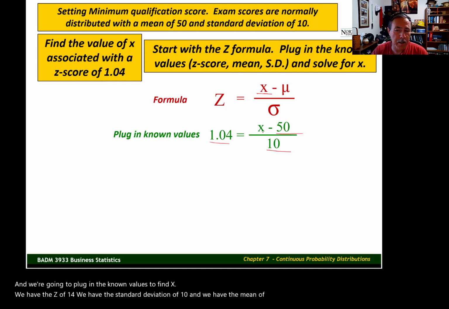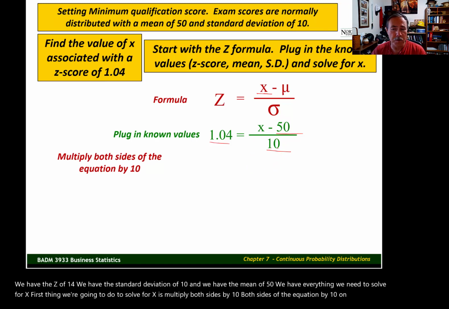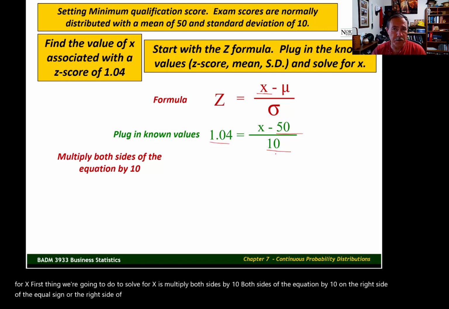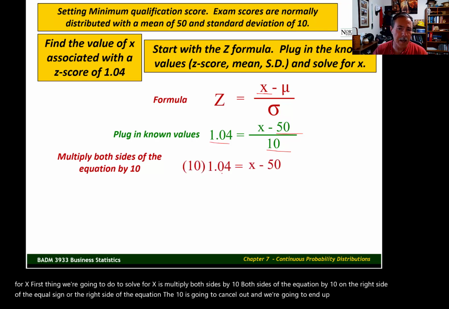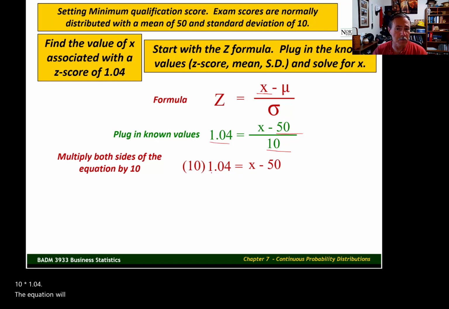We have everything we need to solve for x. First, we multiply both sides of the equation by 10. On the right side, the 10 cancels out, and on the left side we end up with 10 times 1.04. The equation is 10 times 1.04 equals x minus 50.